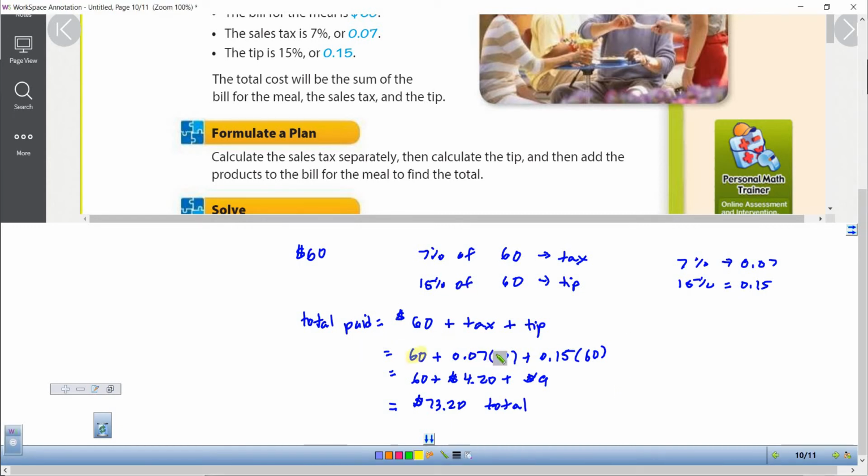All right? Now, I want you to look real quickly here. Do you see how we have 60, and we have 60, and we have 60? This would be 1 times 60. So I just want to remind you of that alternate method.